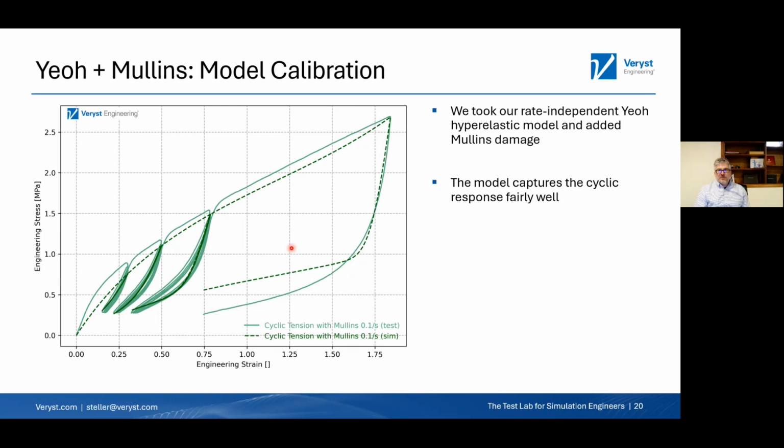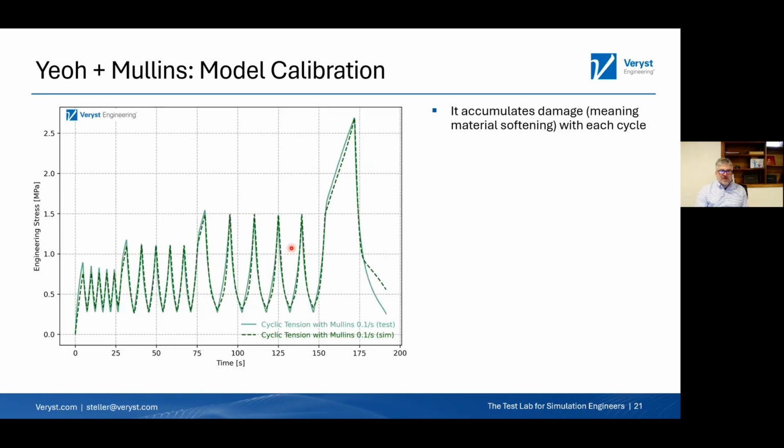So what do we do? The other thing that I wanted to look at is one of the characteristics of Mullins damage is that under repeated loading, your stress changes. So here I'm plotting that stress versus time for the actual test that we did, where we loaded up 5 times to 25% strain.